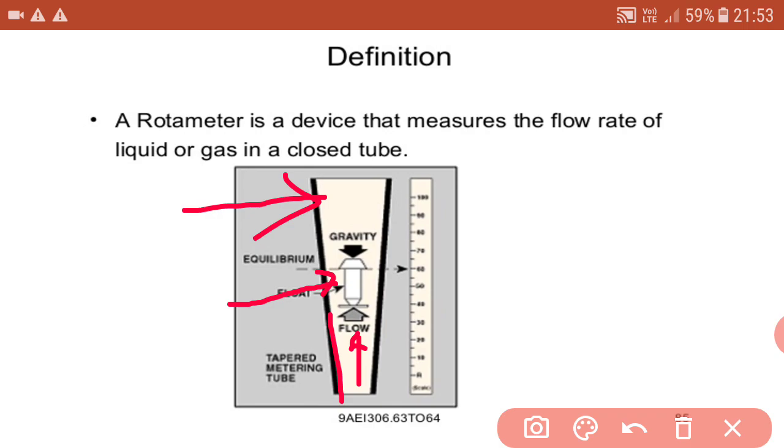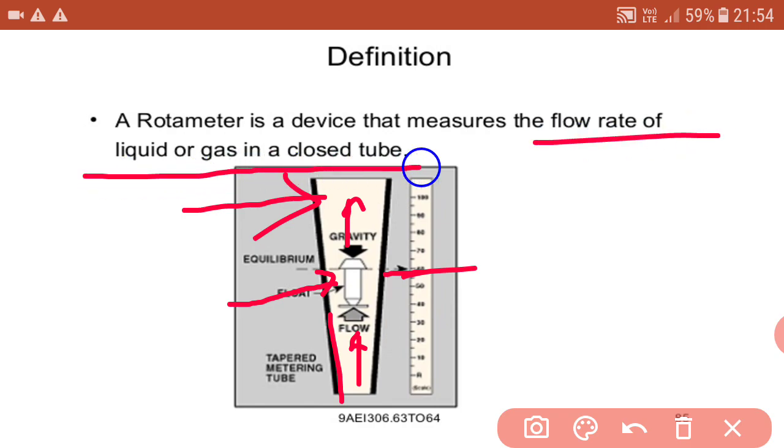Whenever there is a change in flow rate, the position of the float will change, upside or downside, and it is measured with this measuring tape. So this is the operation of the rotameter. A rotameter is a device that measures the flow rate of liquid or gas in a closed tube. So this tube should be closed.